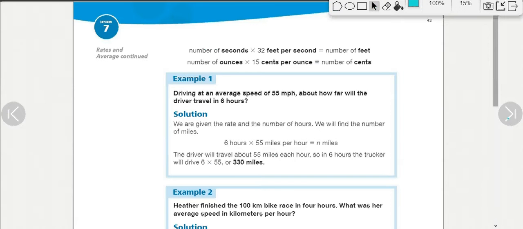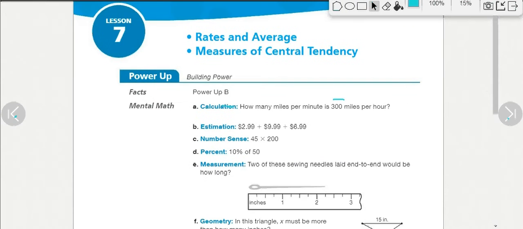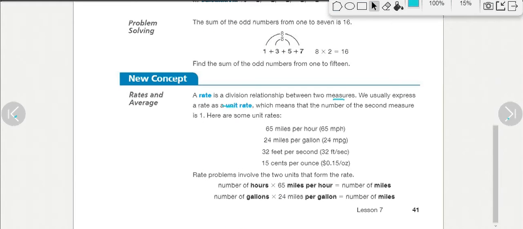Example 1, driving at an average speed of 55 miles per 1 hour. It's a unit rate. About how far, how many miles will the driver travel in 6 hours? So I think we saw on the previous page that we can use this equation right here.